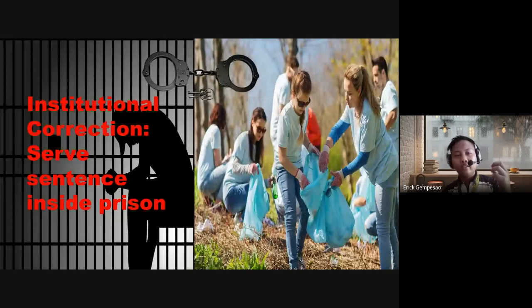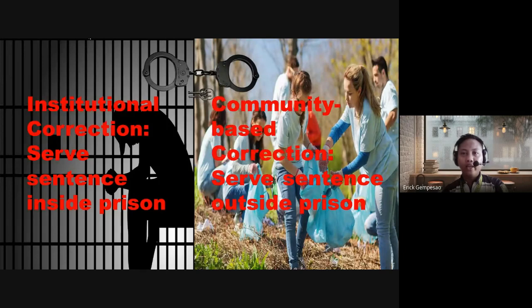Institutional correction means the criminal offender is serving his or her sentence inside the prison, while in community-based correction, the offender serves his sentence outside prison. So that's the difference.